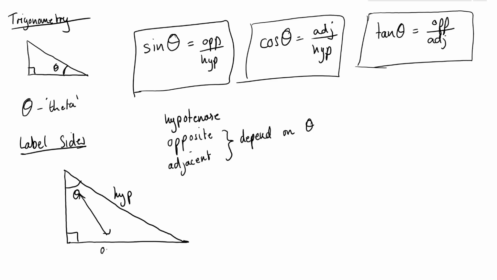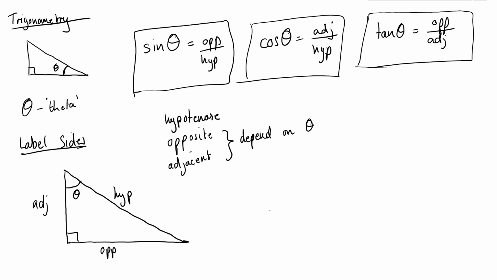So this side here is the opposite, and this side here is adjacent, literally meaning next to. The adjacent one is next to that angle, the opposite one is opposite the angle. Okay, so this is how we can label our sides. It's always the first thing you want to do.